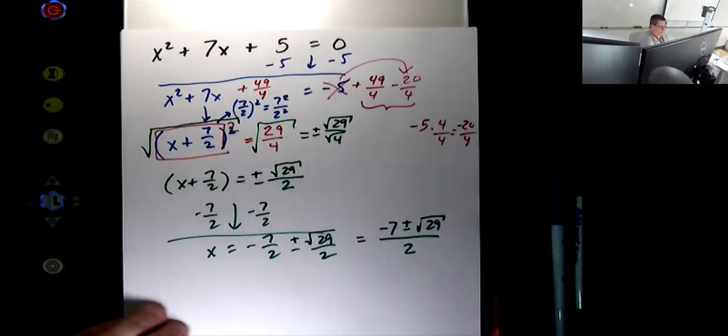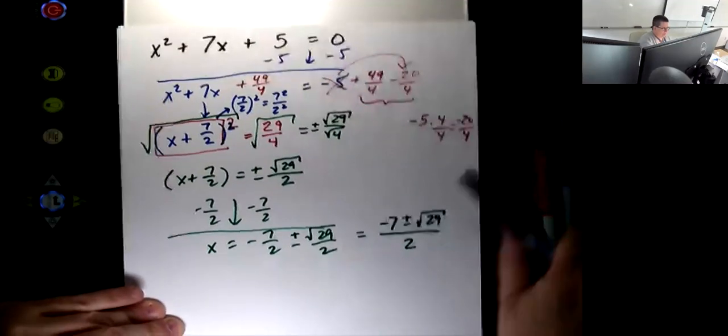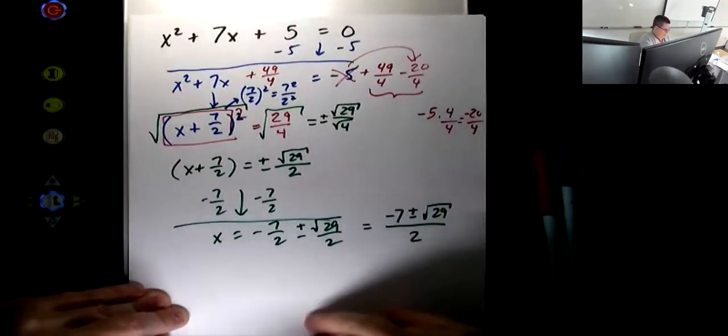Alright, one more. I have no idea if this factors or not, it might actually factor.